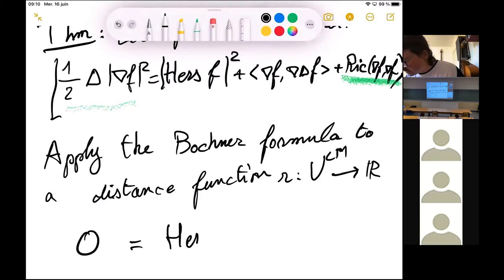And here we will have the Hessian of r squared plus, well, how can we write that?